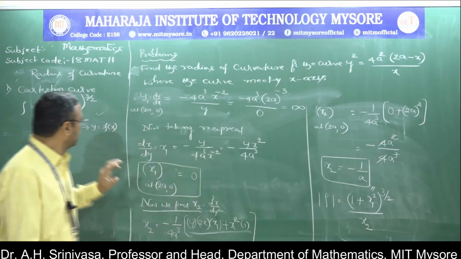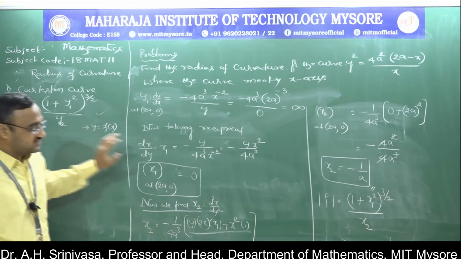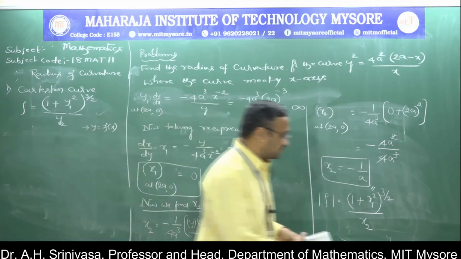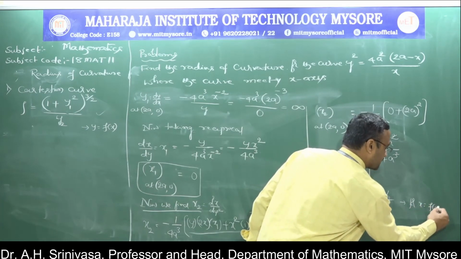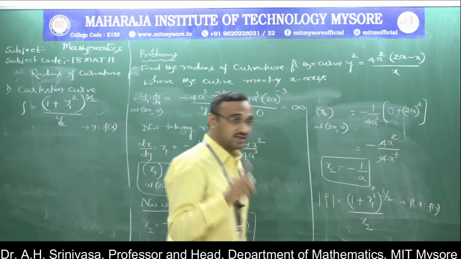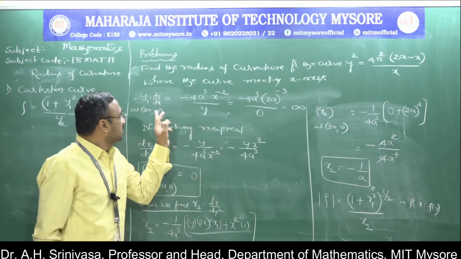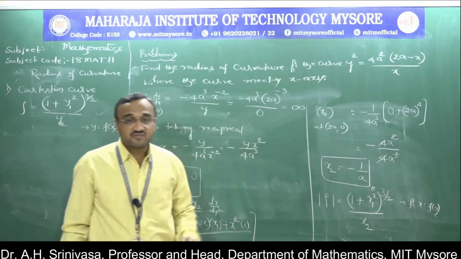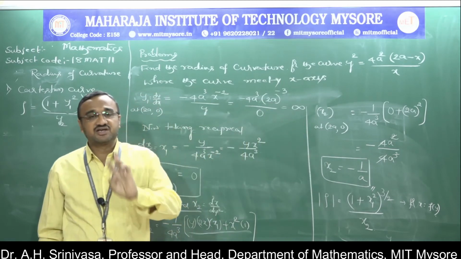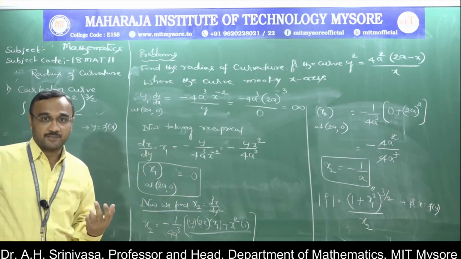So this is the result for a curve y equal to f of x, and this is the result for a curve x equal to f of y. Where it will be changed, you have to keep in mind. That is very important. Because the first order derivative becomes infinity, if it gets infinity, we have to interchange their positions: dependent to independent, then independent to dependent.